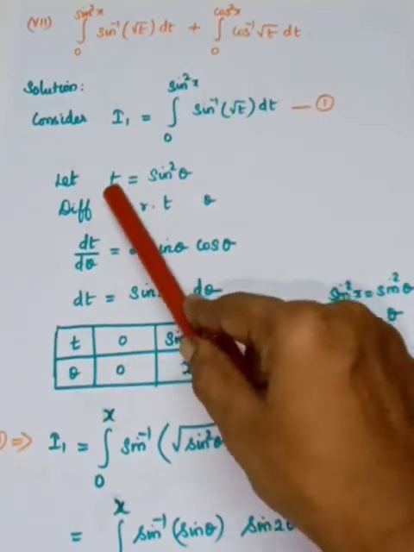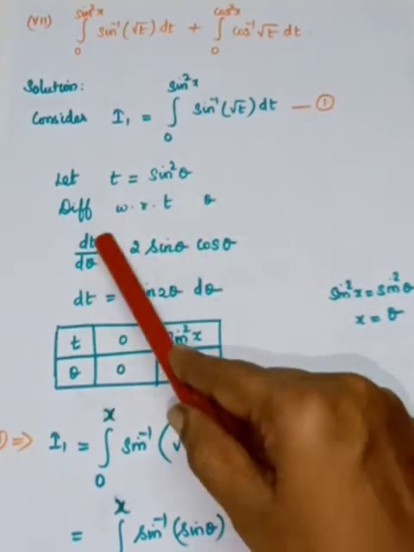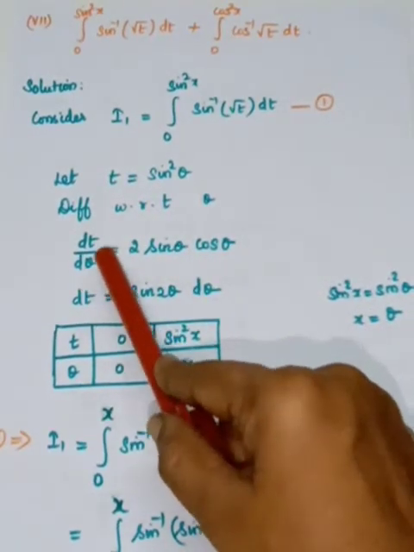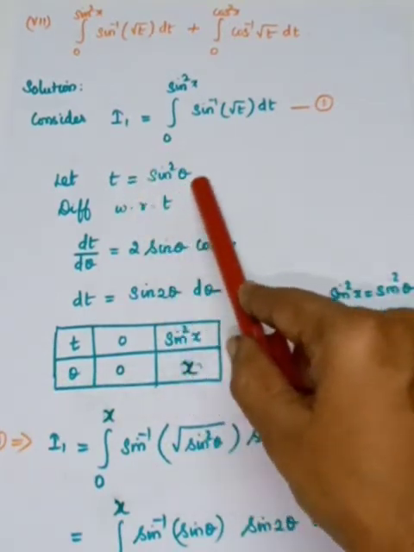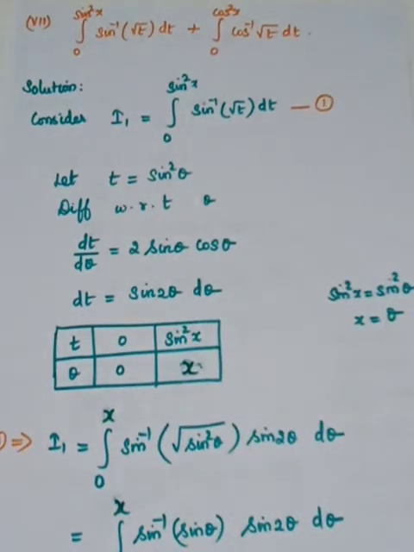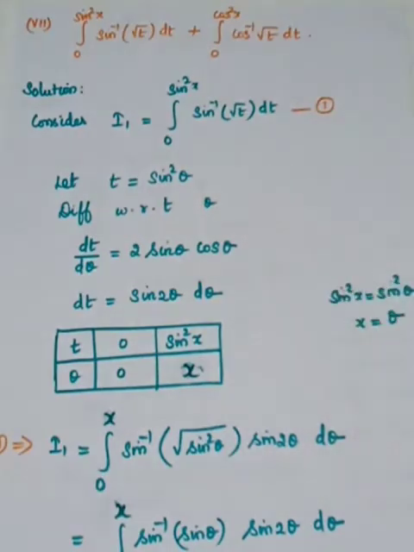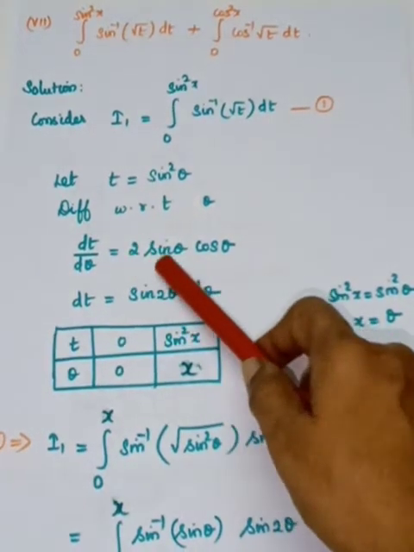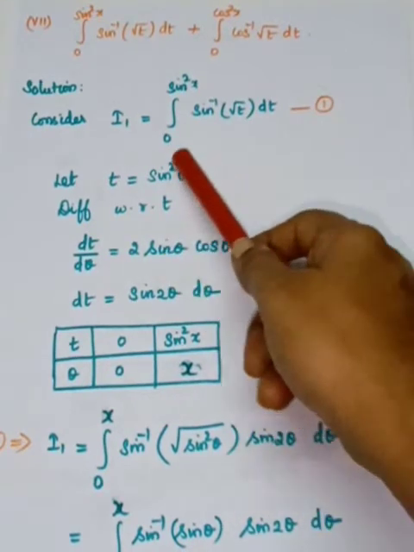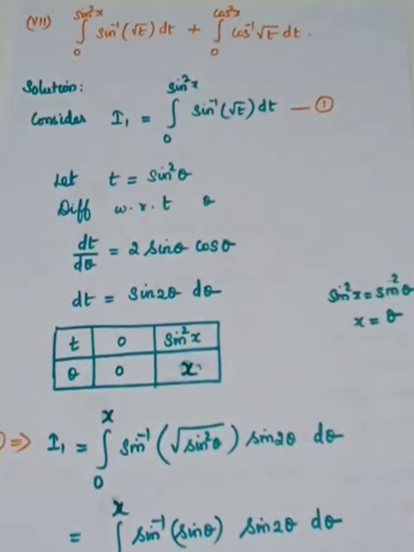So what is the differentiation of t with respect to theta, dt by d theta is equal to. So here sine squared theta, how will it be differentiated? You have to use the chain rule. So sine theta has to be kept as x, so it is in the form of x squared. What is the differentiation of x squared? It is 2x. So that's why 2 sine theta. According to the chain rule, which is kept as x, that has to be differentiated, sine theta.